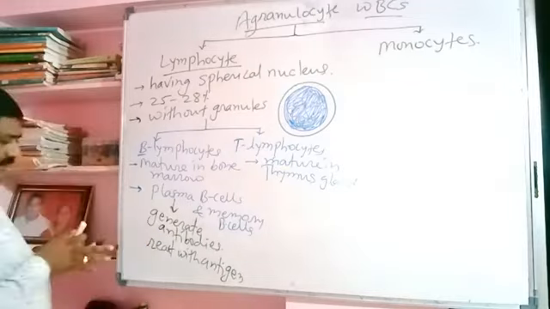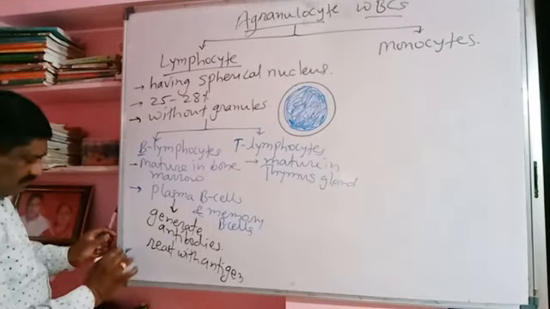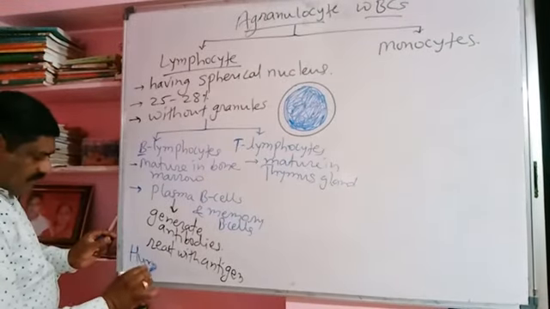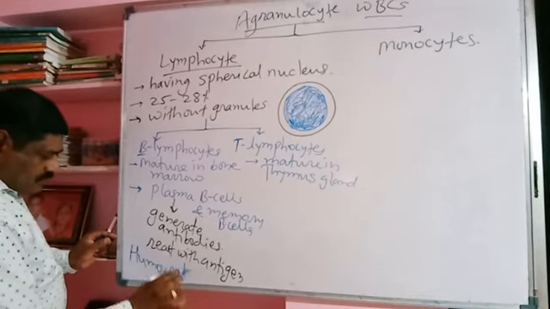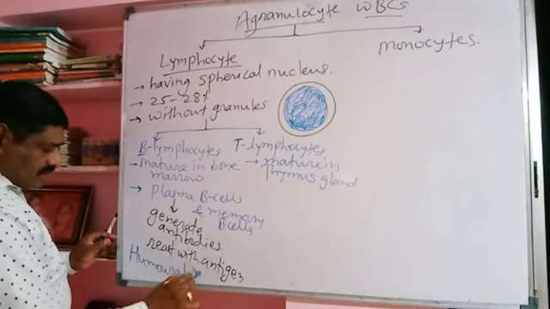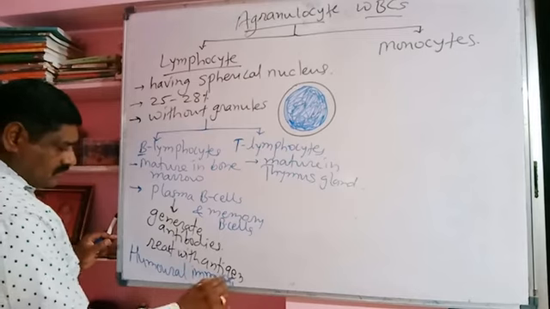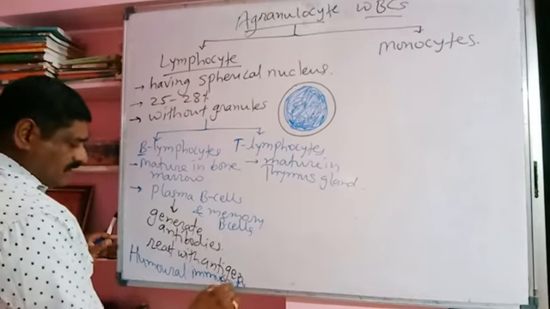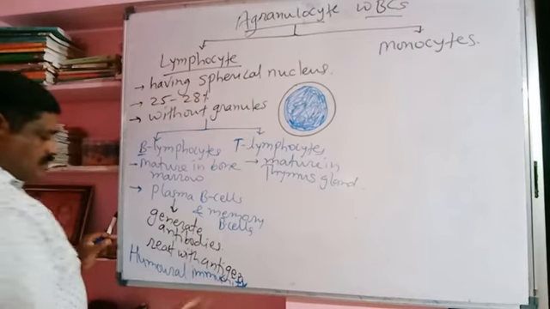Such immunity in the blood is called humoral immunity, or antibody mediated immunity.